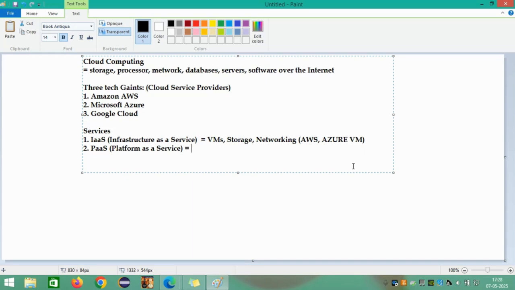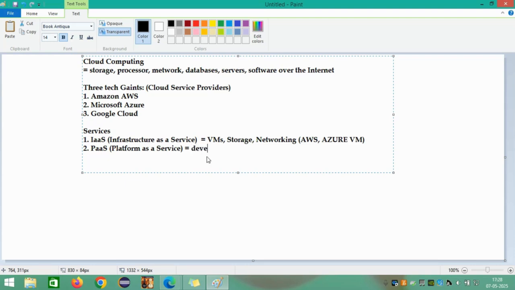Say Facebook is using Cassandra. It can just have a service initiated for it. Facebook can just go on a renting basis, use the services provided by AWS or Azure, and import the image or the container of the Cassandra DB. So there are various databases available on your platform as a service option, which enables you to take it as a service, use it, and terminate the service when your job is done.